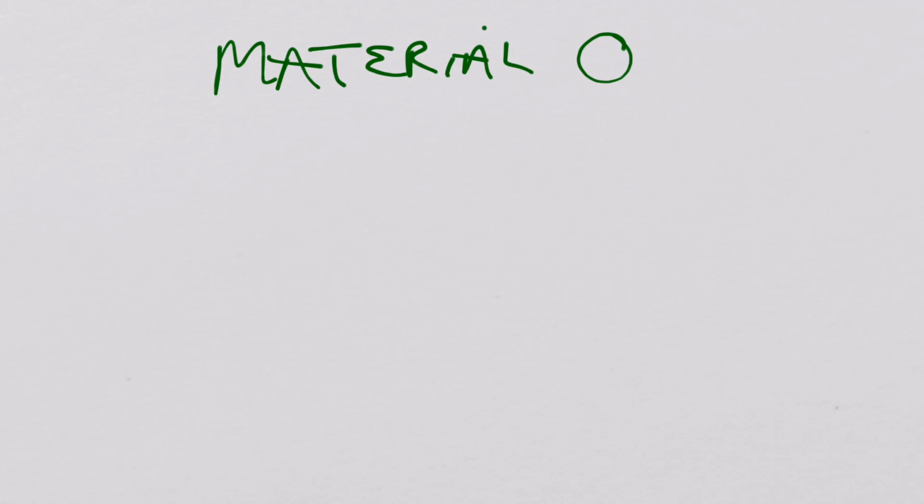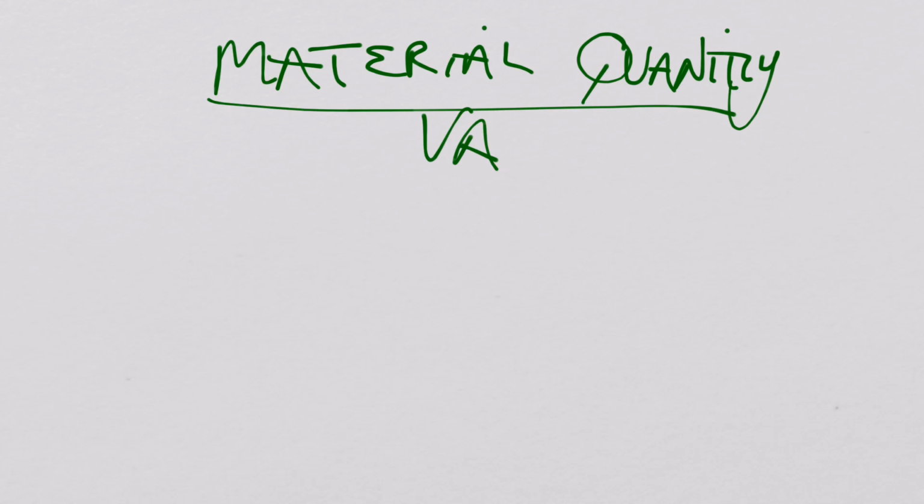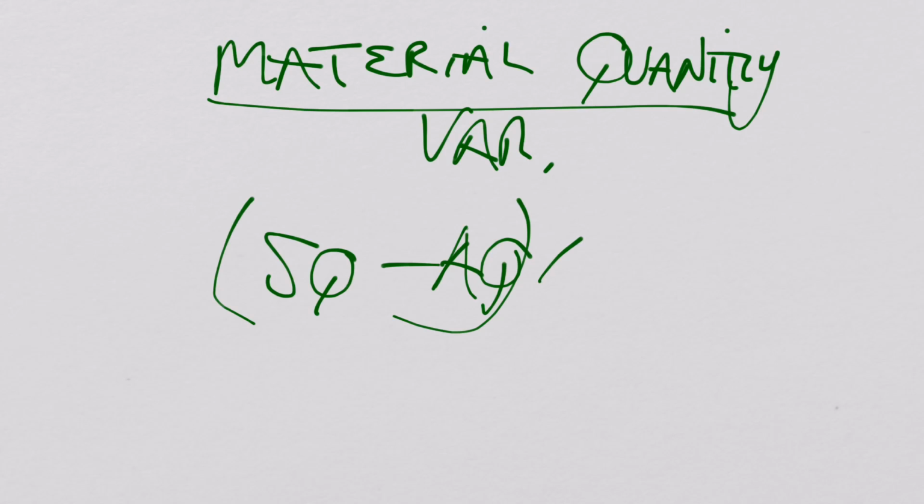One more thing, material quantity variance. When you do that, just remember the formula is standard quantity minus actual quantity times the standard rate, not the actual rate paid, because now we're just trying to measure the quantity difference.